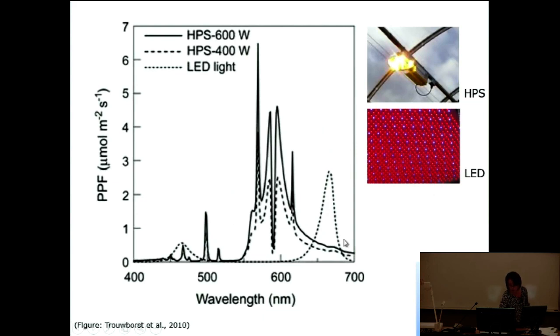And the LEDs have a peak in red and a peak in blue, 20% blue and 80% red. That's a typical LED panel used for plant production, in terms of color, light quality.